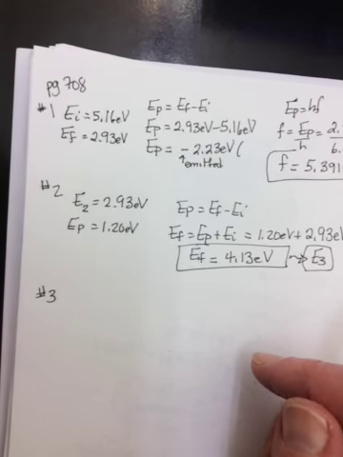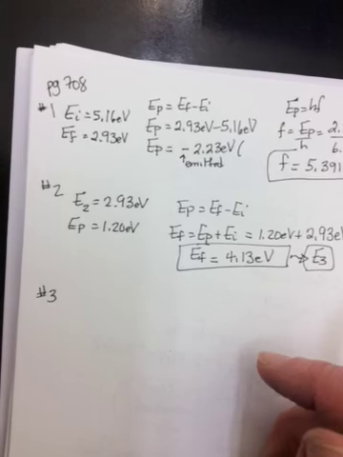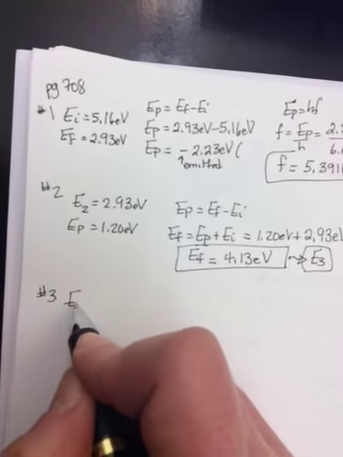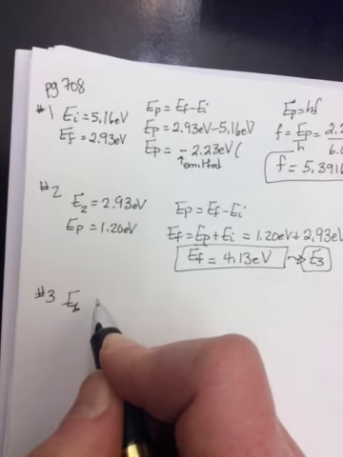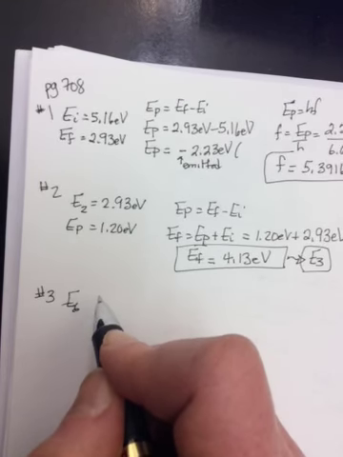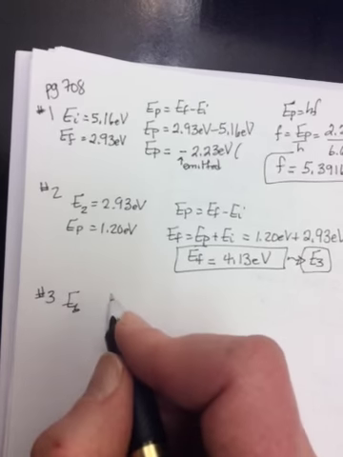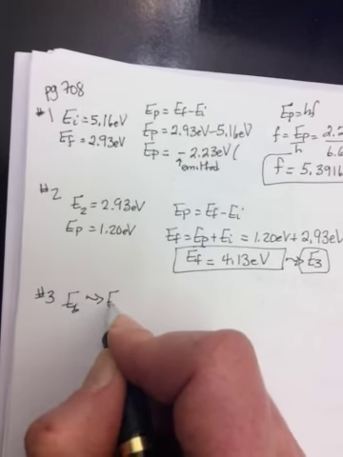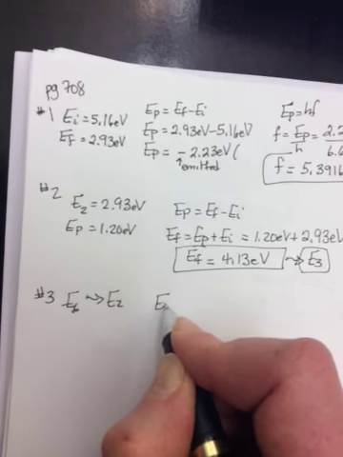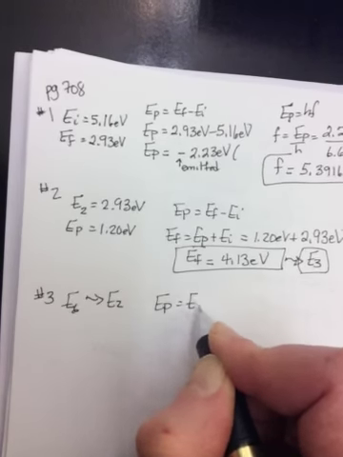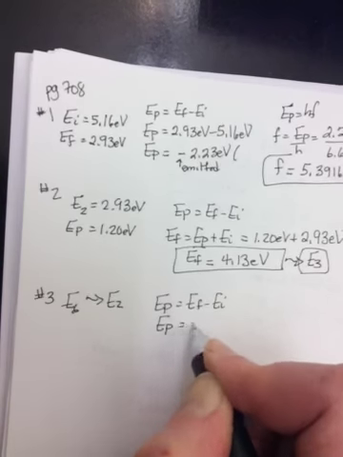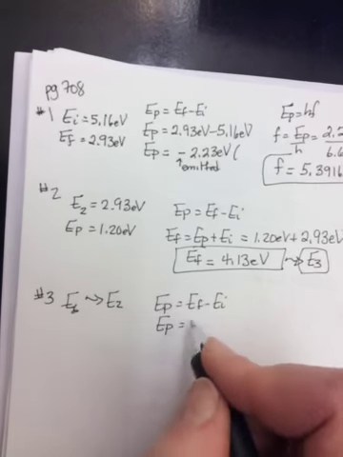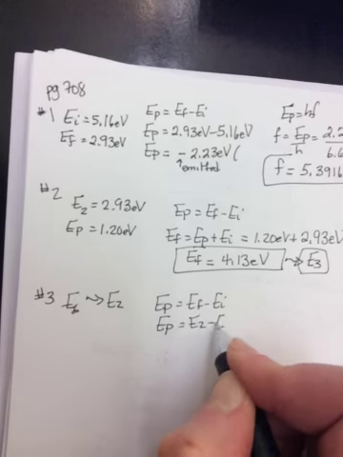Number 3, a calcium atom is in the excited state at the E6 level. How much energy is released when it drops to E2? So it's going from E6 to E2. Okay, so EP is equal to final minus initial. So EP is equal to, final was E2 minus E6.